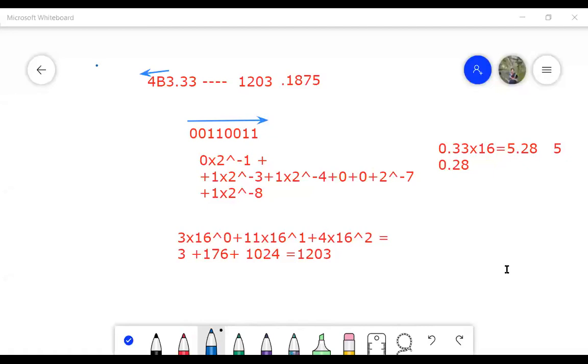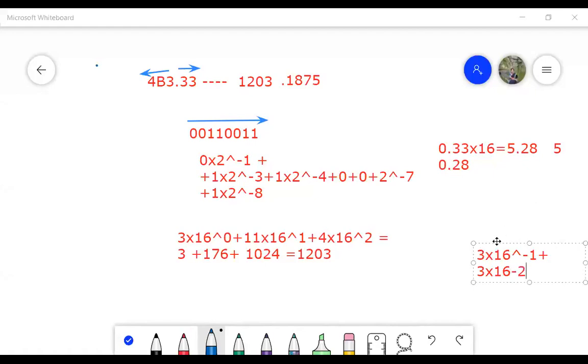Now, how will you solve the decimal part? It should be solved like this, right? So that will be equal to 3 into 16 to the power of minus 1, plus one more, 3 into 16 to the power of minus 2.